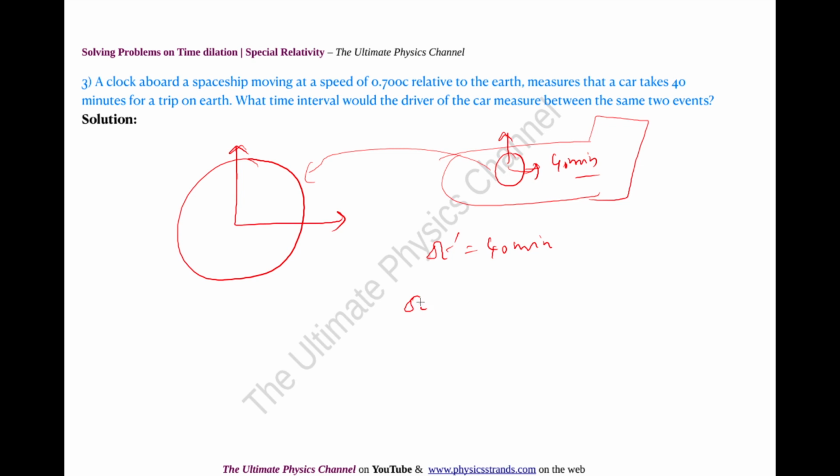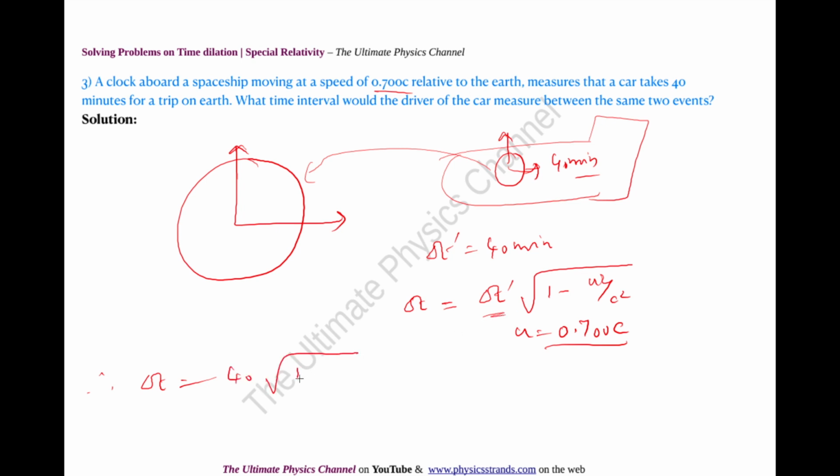Therefore, del t is equal to del t prime multiplied by the square root of 1 minus u squared over c squared, where u is 0.700c given in the question. So our del t would be equal to 40 times the square root of 1 minus 0.7 squared, and c squared will cancel.